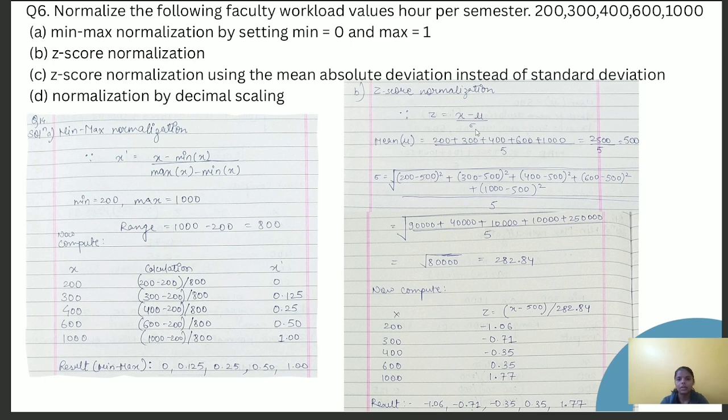So here you can see x minus x bar is (200 minus 500) whole square plus the terms for 300, 400, 600 and 1000, and so on, we will calculate, and this is divided by 5. When we calculate this, our standard deviation is 282.84.